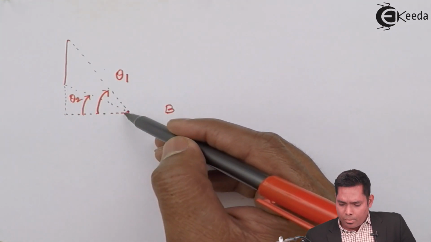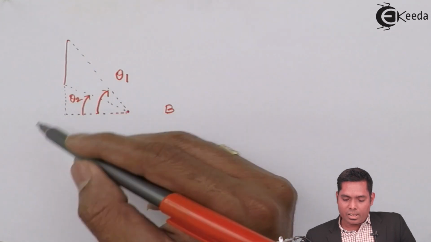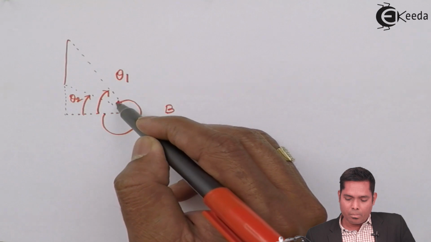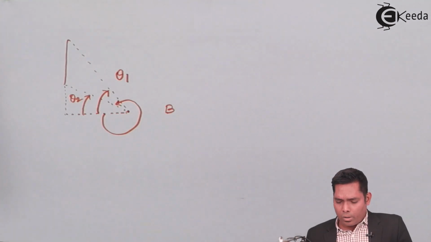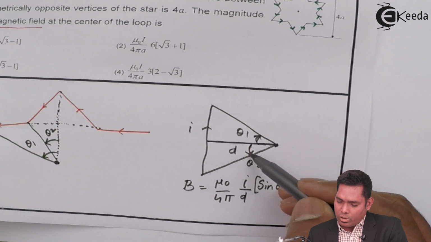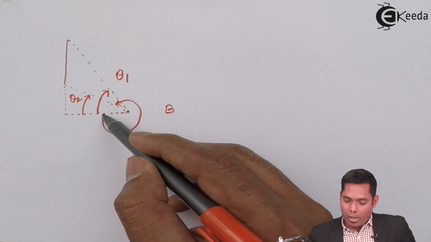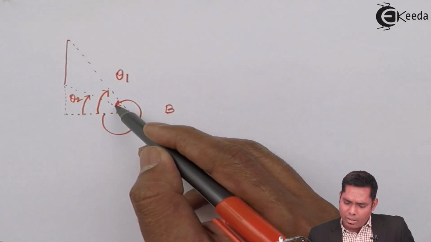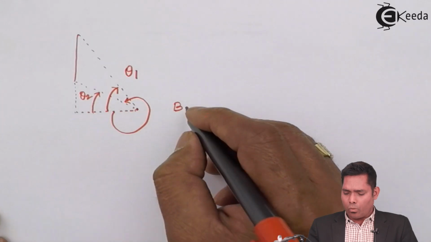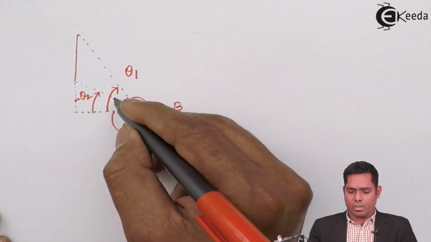It should have been on this side, because it is on the same side, we will consider this as negative, because the angle I actually have to take is theta 2 below this. So either you take this angle, or you take the negative of this angle. So here it will be negative, because this is in the same sense as this.